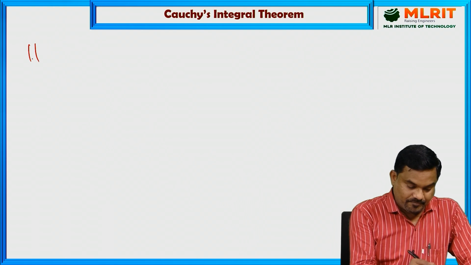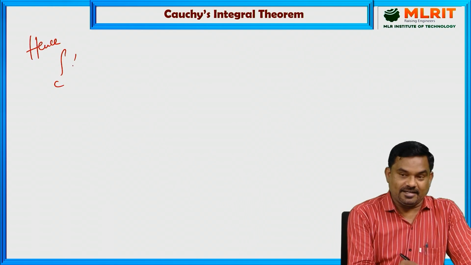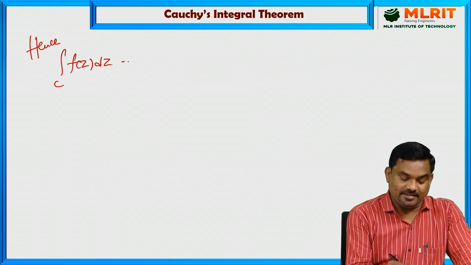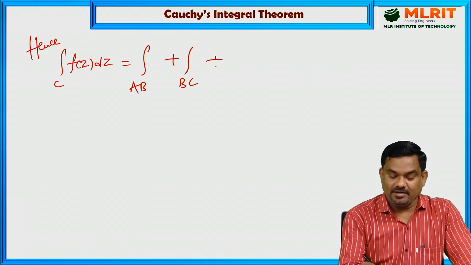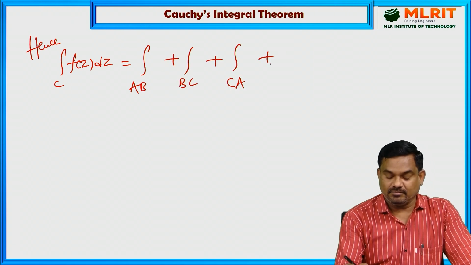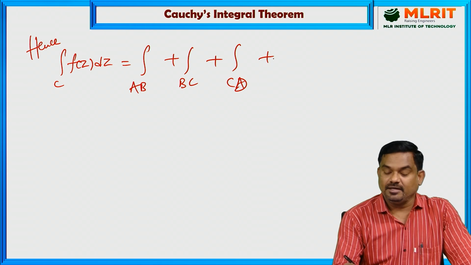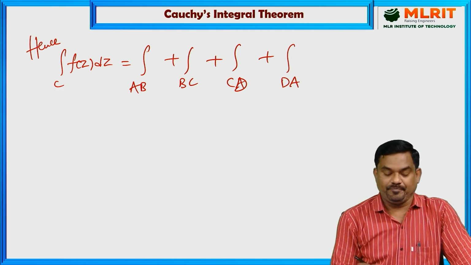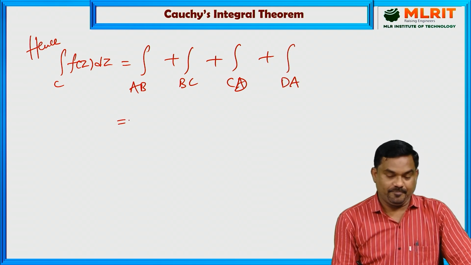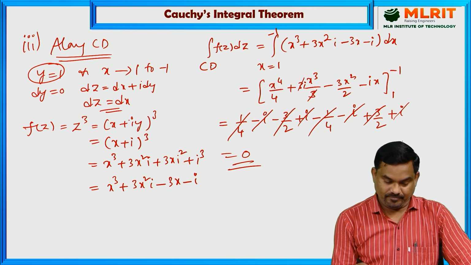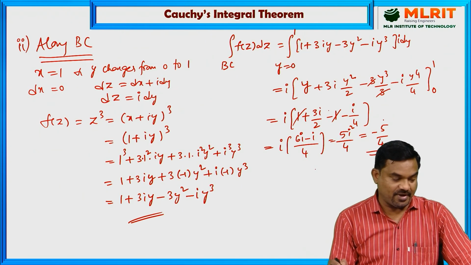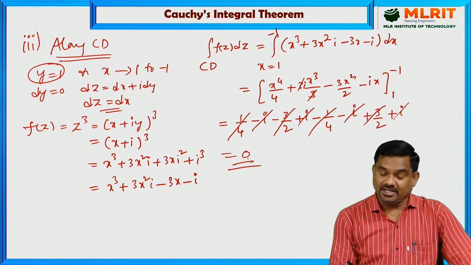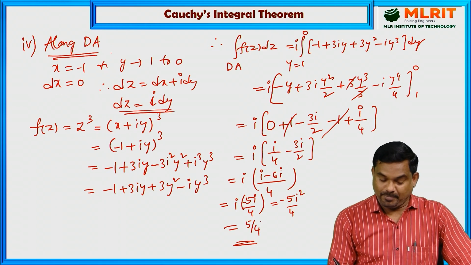Hence, the line integral f of z dz is equal to along AB plus along BC plus along CD and along DA. Now along AB it is 0, along BC minus 5 by 4, along CD 0, along DA plus 5 by 4.